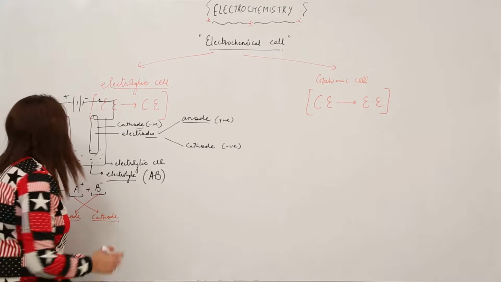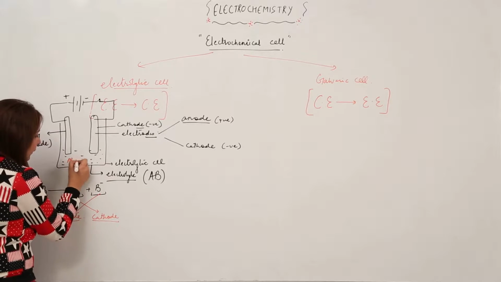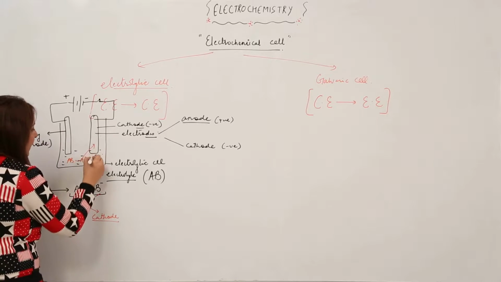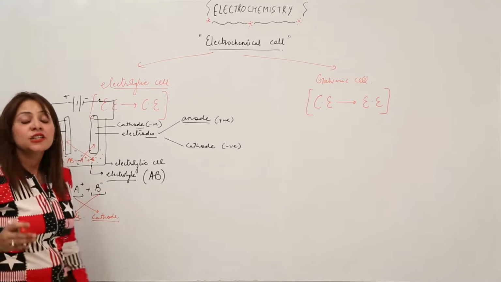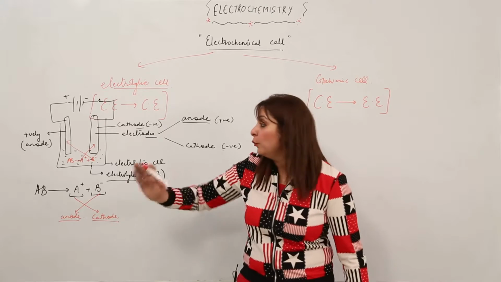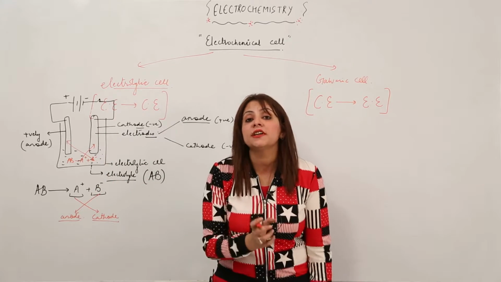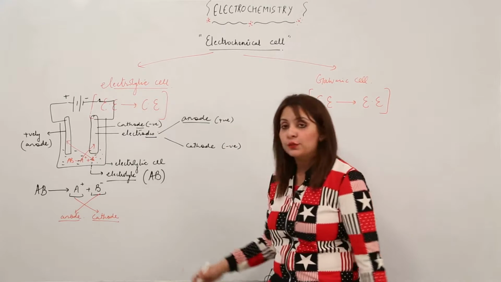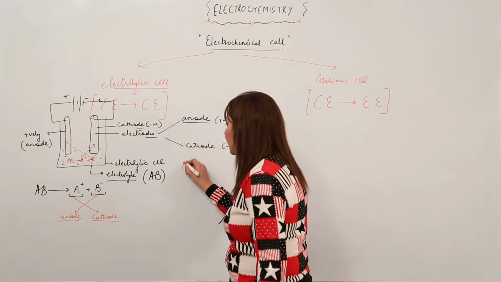So we have AB here, A positive, B negative; A will move to this side and B will move to this side. So this process doesn't end here. On moving to cathode and anode, they perform certain reactions, they undergo a change. So just see what kind of change happens when they move. So what happens at cathode?